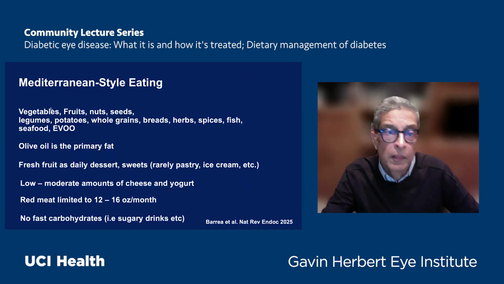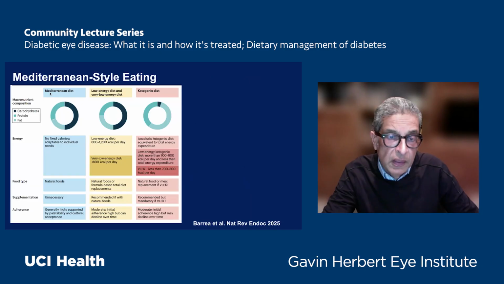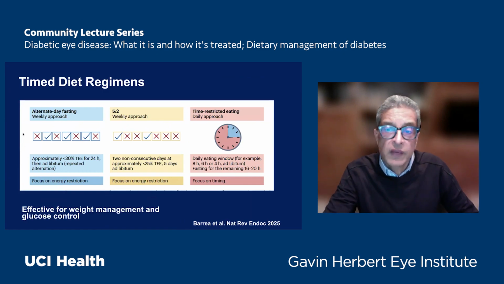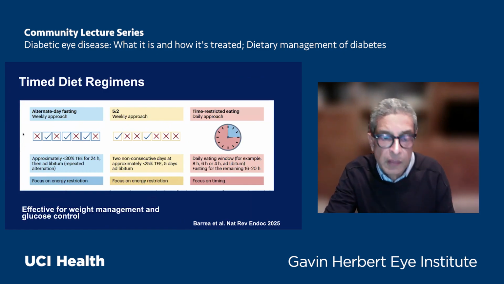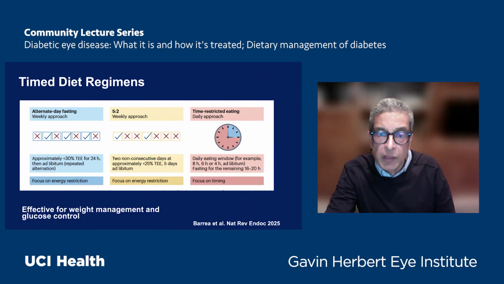The other dietary intervention, or the other type of meal that I think is very useful to understand, is the Mediterranean style eating. The Mediterranean diet style contains very similar components to the DASH4D diet.